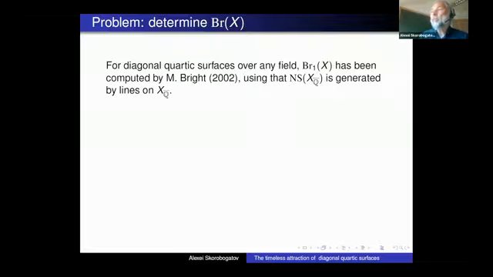At this moment, let me make a remark that depending on what you want, there are two possible strategies in this direction. One strategy is to calculate the Brauer group together with some sort of explicit representation of its elements, because this is what you finally will need if you want to use these elements to calculate the Brauer-Manin obstruction.